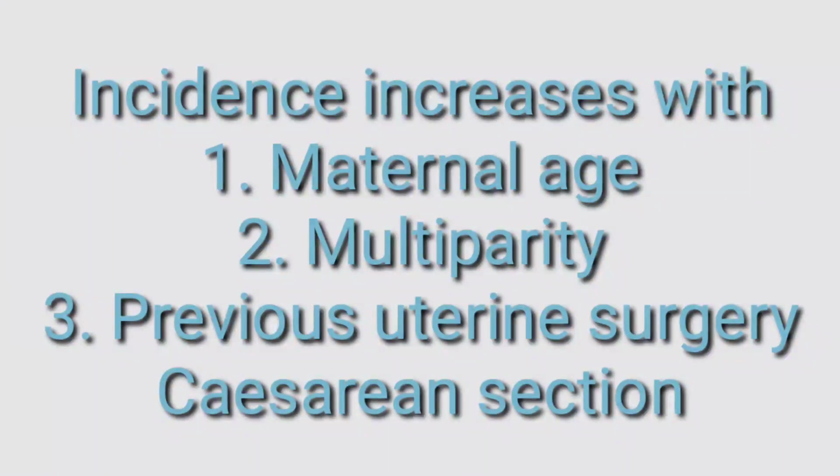Next is previous uterine surgery. If there has been any previous uterine surgery, the surgical scar causes developmental abnormality of the placenta, and as a result you may see placenta previa with a different grading.